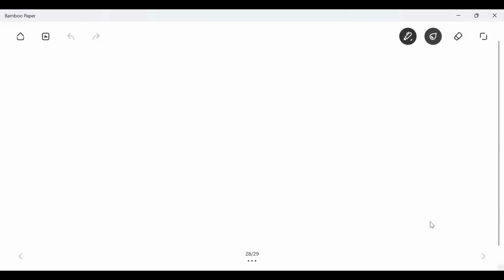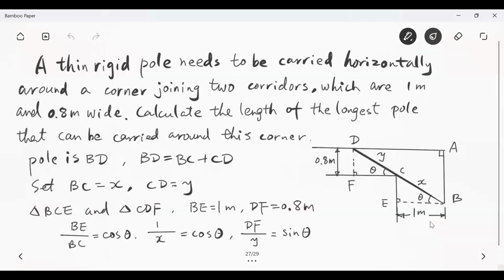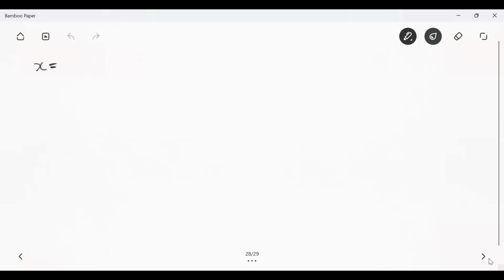So we can find X. Write down X equals 1 over cosine theta, and Y equals DF over sine theta. So X is 1 over cosine theta and Y equals 0.8 over sine theta.